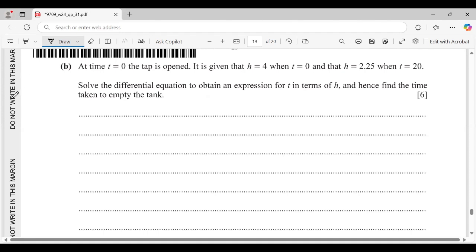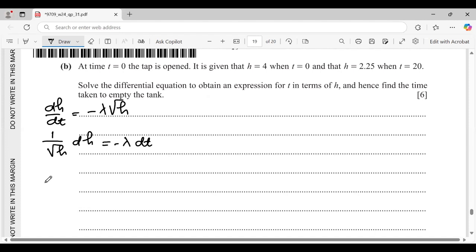Given the differential equation from our previous solution, dh/dt equals minus lambda square root h, it means minus 1 over square root h dh equals minus lambda dt.